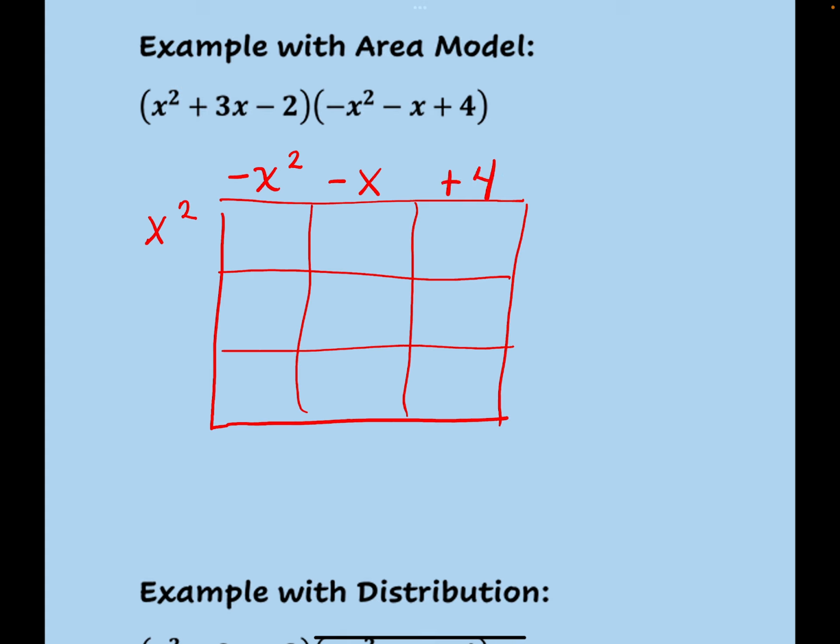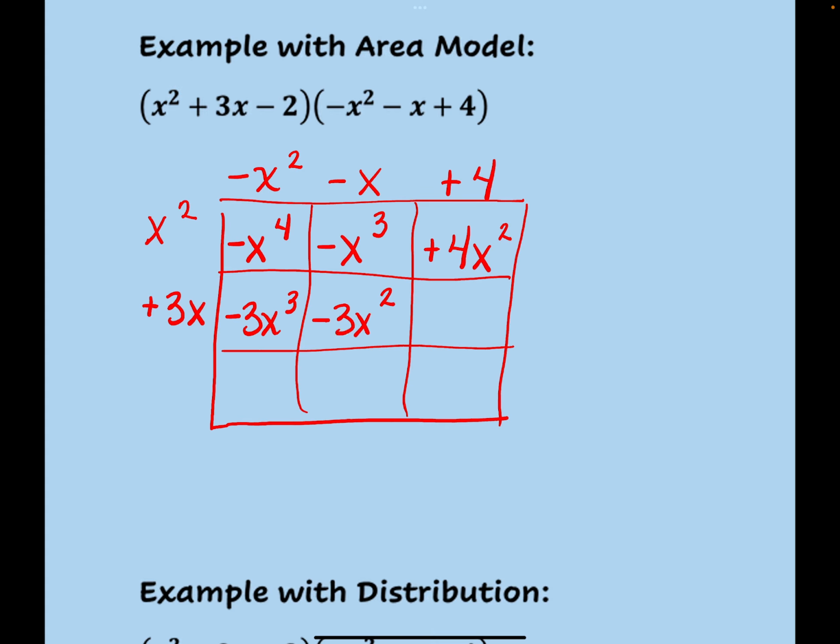Okay, so x squared times negative x squared gives me negative x to the fourth. x squared times negative x gives me negative x to the third. x squared times 4 gives me positive 4x squared. Okay, now multiplying 3x. 3x times negative x squared gives me negative 3x to the third. 3x times negative x gives me negative 3x squared.